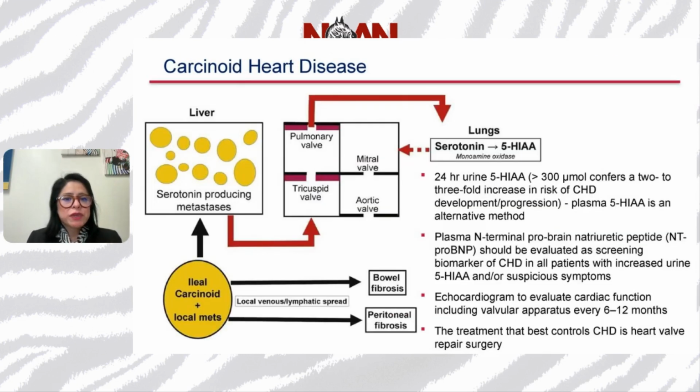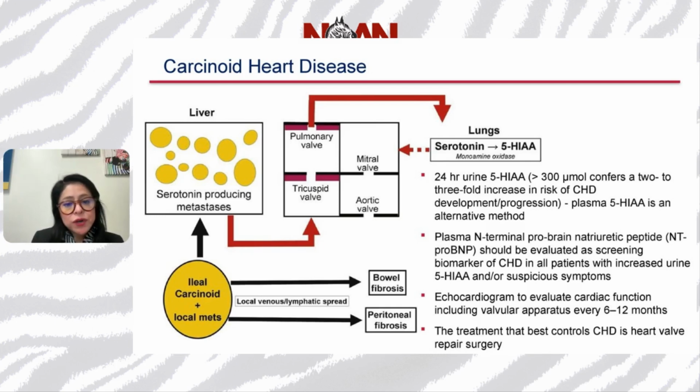So let's discuss a little bit about carcinoid heart disease. I discussed earlier that the excess of serotonin can accumulate in the heart valve, and this excess of hormones can cause scar tissue and complications, and then patients can develop what we call carcinoid heart disease.